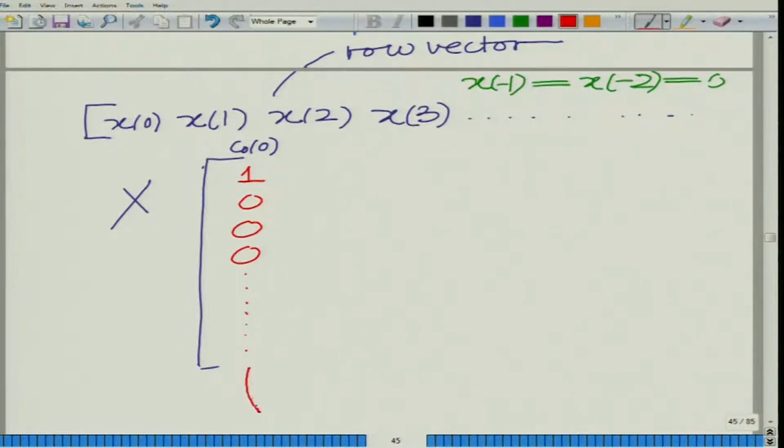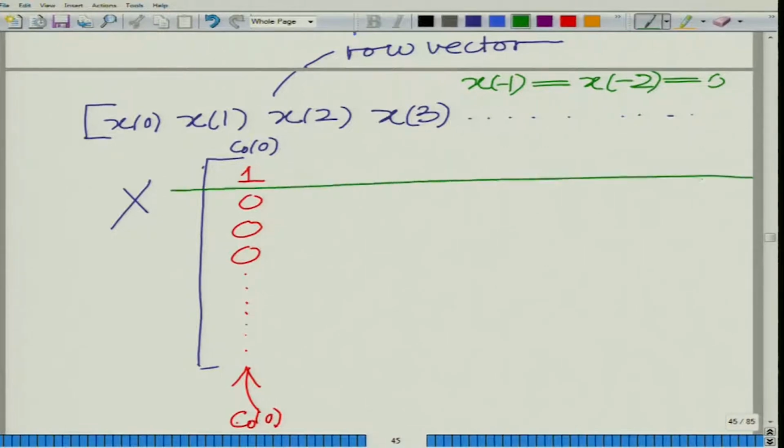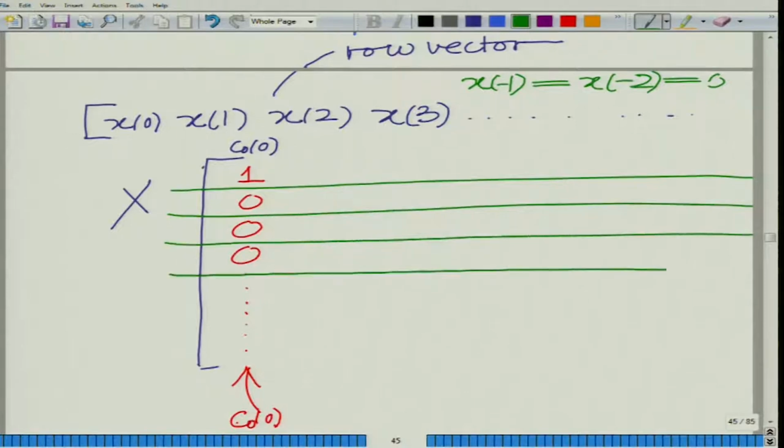So, this column corresponds to C0 at time 0. You can think of the rows as corresponding to the input information bits.